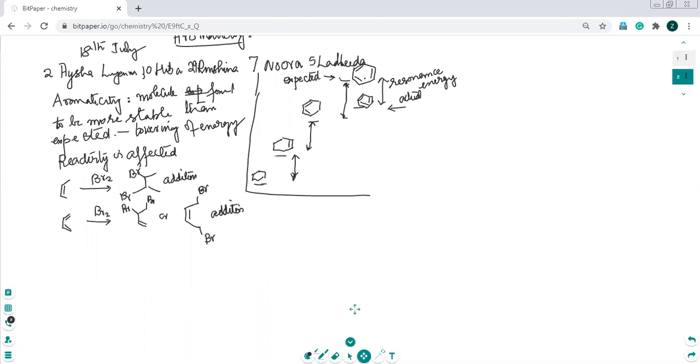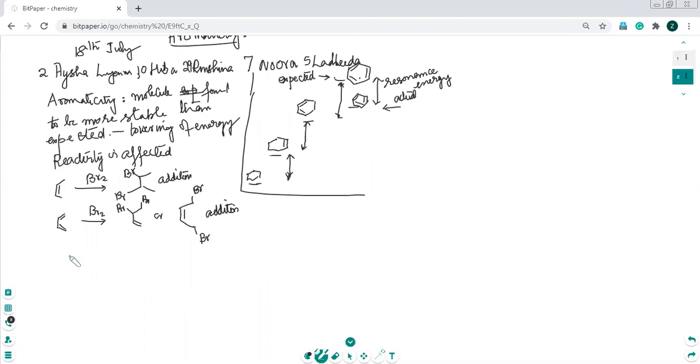But if you take a molecule with three conjugated double bonds in a cyclic ring and do a bromination reaction in presence of FeBr3, we have studied this. What is the product of this reaction? The product is Br, a substitution product.